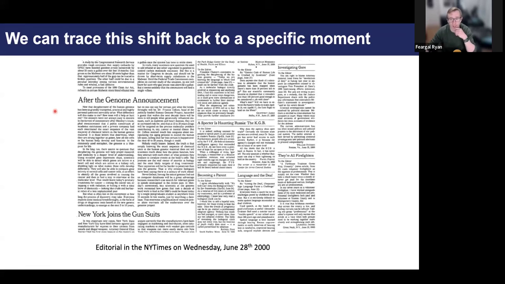When I was pulling up that last piece from the New York Times archive, I also found this editorial the day after, which I found very interesting. It might be a little hard to read, but just down here at the end: "Nevertheless, having the entire genome laid out on computer databases will be a great advantage because researchers can search for relevant genes at speeds unimagined in the recent past.